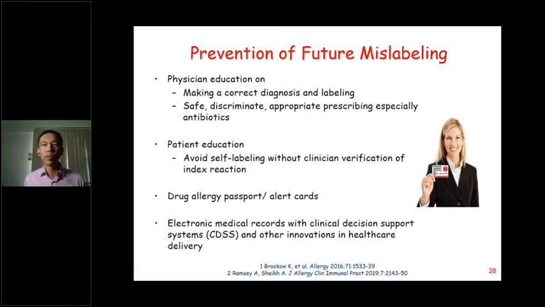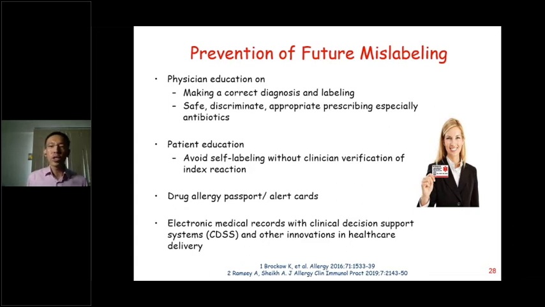This is probably the most important: prevention of future mislabeling. So physician education is probably the most important of it, and that involves making a correct diagnosis and labeling at the onset during the index reaction. Subsequently, we also do need to educate physicians to practice safe, discriminate, and appropriate prescribing, especially antibiotics.